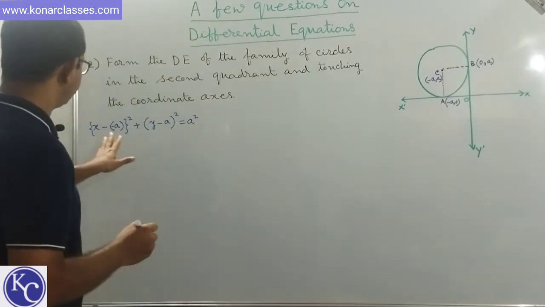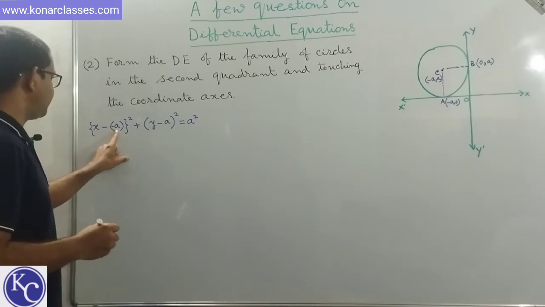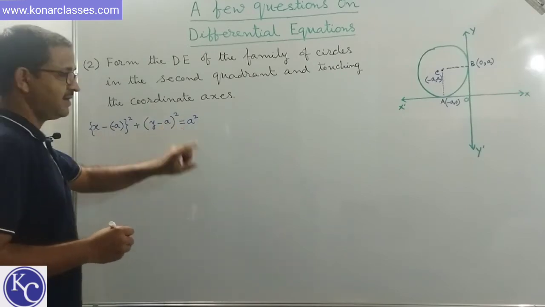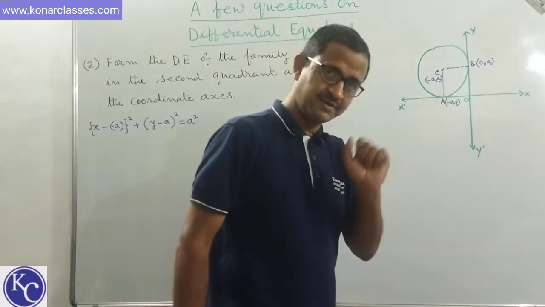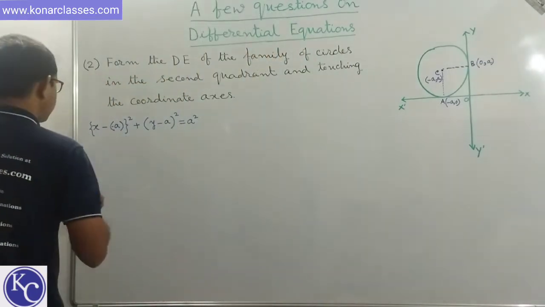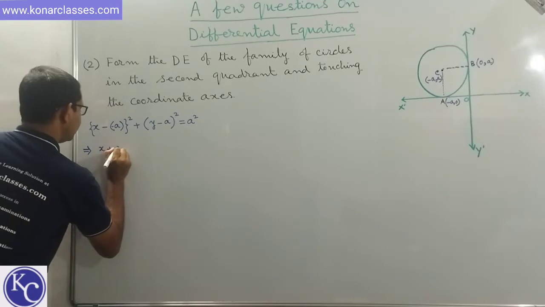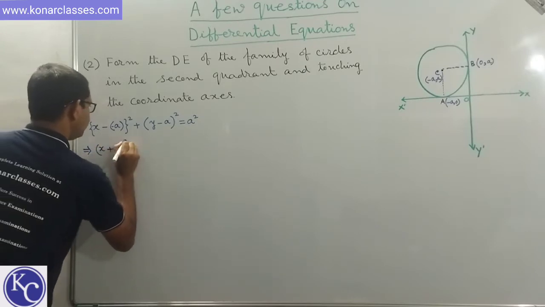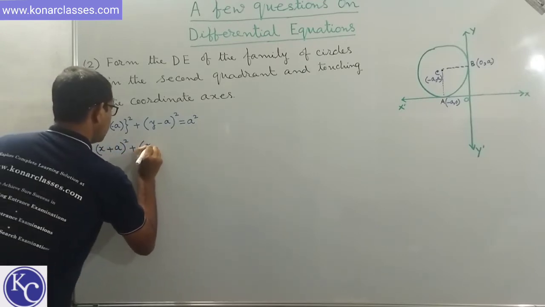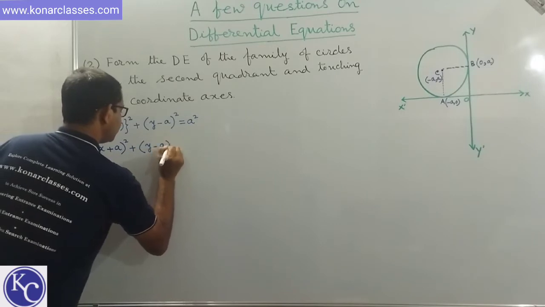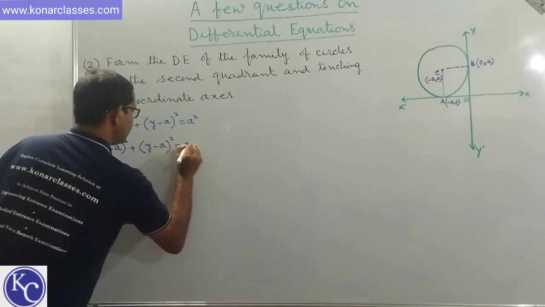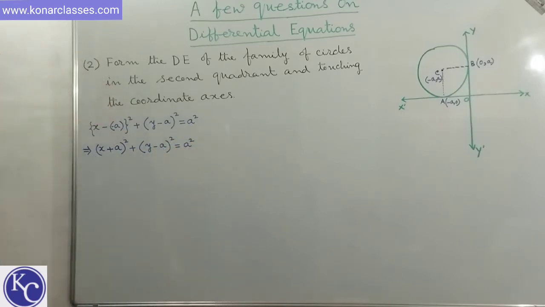So this is the equation of a circle having center at the point minus a comma a and having radius a units, correct? So this implies x plus a whole square plus y minus a whole square is equal to a square, correct?